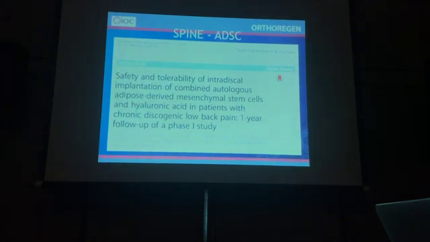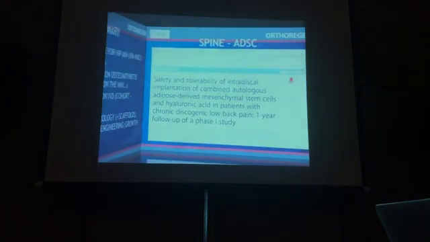Here is just to show you that there is also some research regarding adipose-derived MSCs, but this is not a great paper because it's a phase 1 study with only 10 patients, of which 6 did improve and 3 showed some MRI rehydration of the disc.